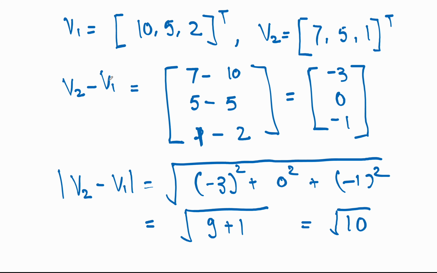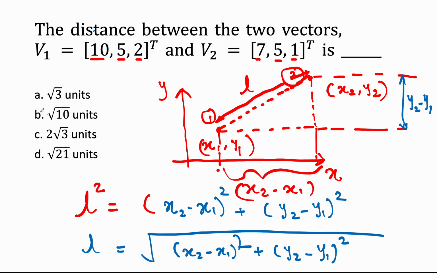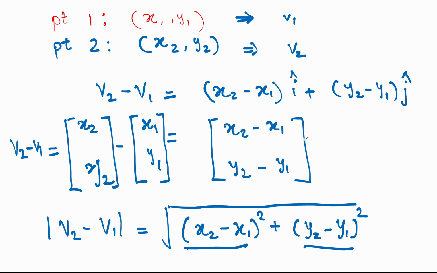So the distance between the points indicated by the v1 and v2 vectors is square root 10. So we can see B is the correct option. Okay, we'll go to the next question.